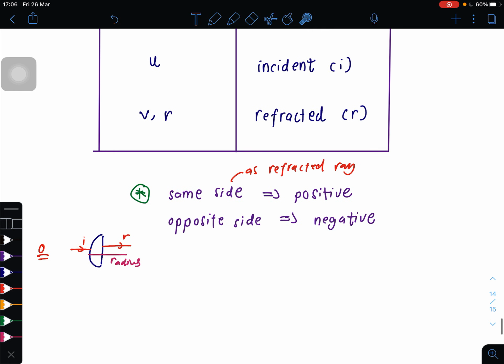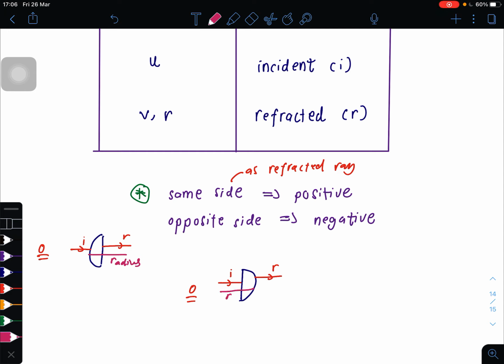Macam mana kita mau tahu dia opposite side? If let's say this is the, okay, macam ni. Sorry, ni sepatutnya terbalik lah kan. So terbalik macam ni. Okay, so still objek kita dekat depan sini. And then we have incident ray and then refracted ray. So now radius tu kita akan measure daripada sini ke sini kan. From here to here.